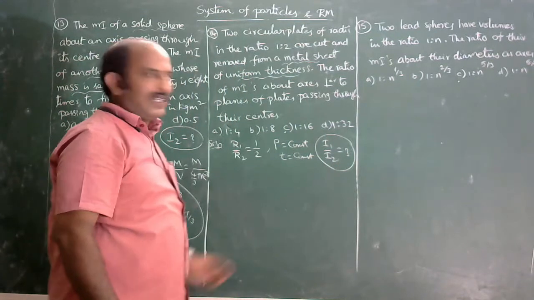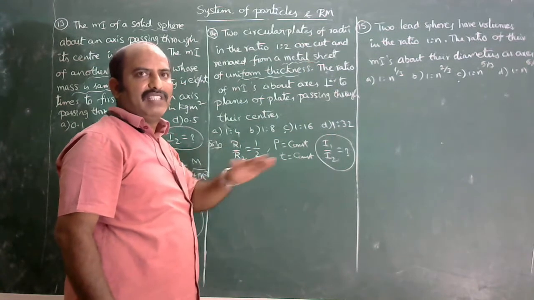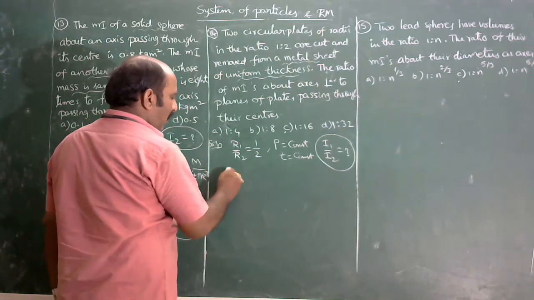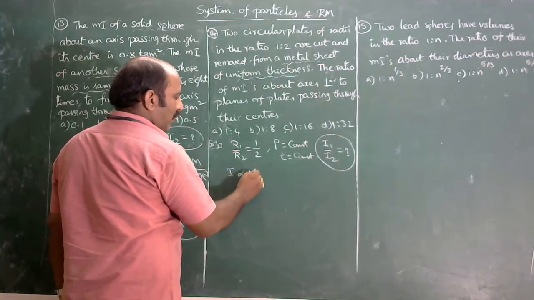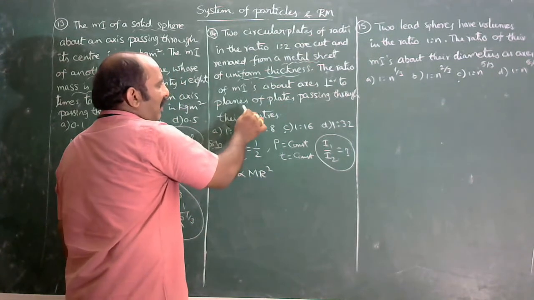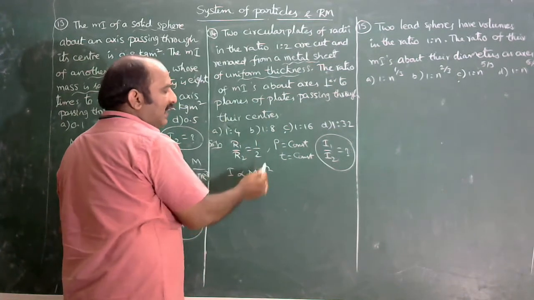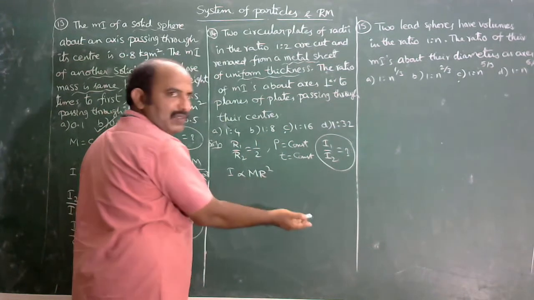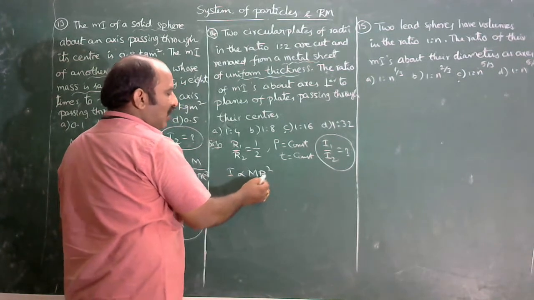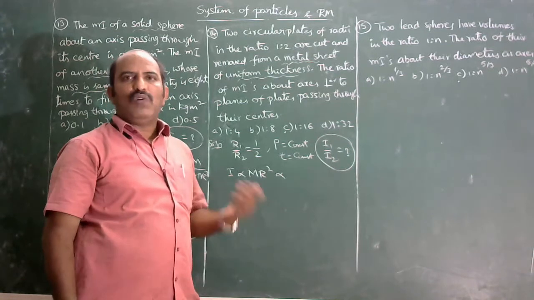So we find the ratio of moment of inertia about an axis passing through its center, which is perpendicular to the plane. Now I is proportional to mr square. Actually the moment of inertia about an axis perpendicular to the plane for a disk is I is equal to mr square by 2. So that's why we write I proportional to mr square. Mass is density into volume.